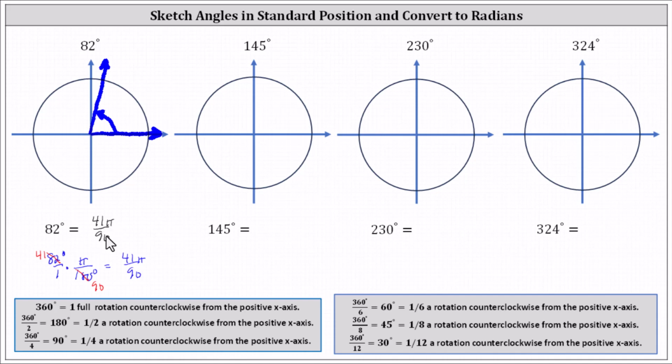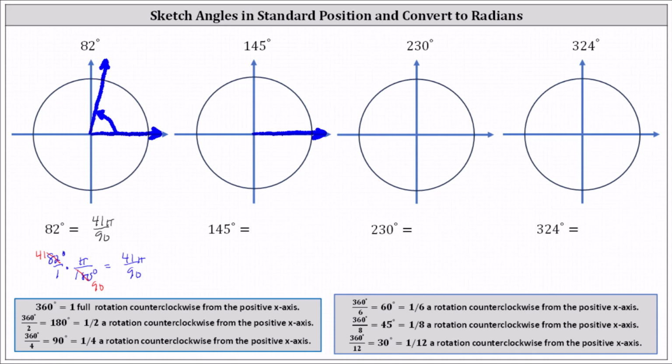Next we have 145 degrees. The initial side is along the positive x-axis. We now rotate 145 degrees counterclockwise, which is less than half a rotation counterclockwise because 145 degrees is less than 180 degrees.